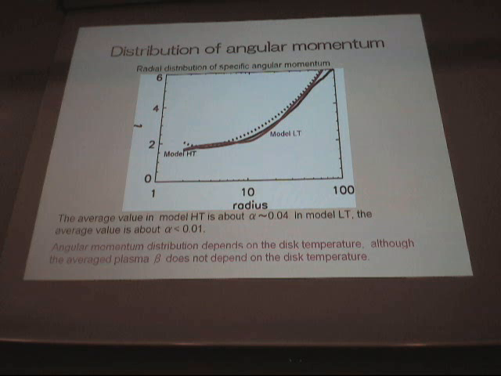And another important thing: in the gradient between 20 and 100 Hz, the slope of the low temperature model is steeper than the high temperature model. So this tendency is the same as the observation.